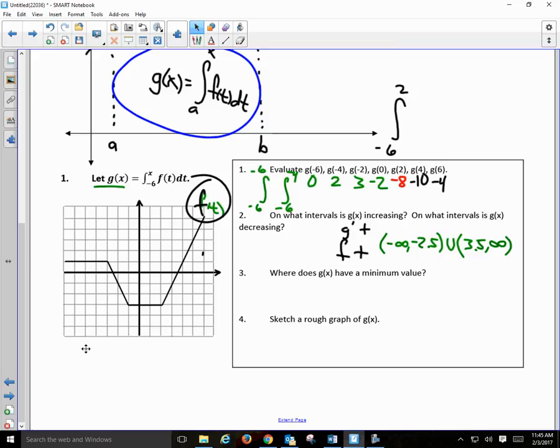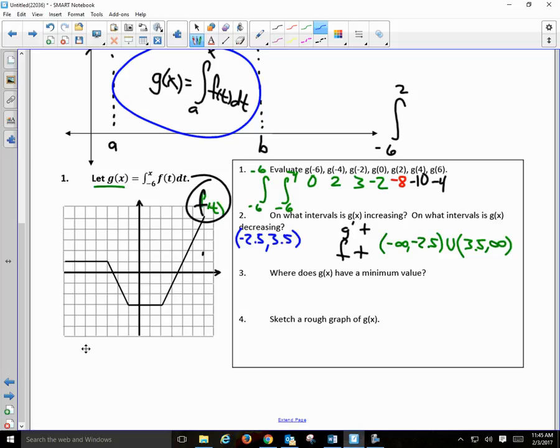So where is it decreasing? That would be wherever f or g prime is negative, or wherever the function is negative. Think of it, folks. Is it collecting area or losing area here? Collecting. Is it collecting or losing area here?